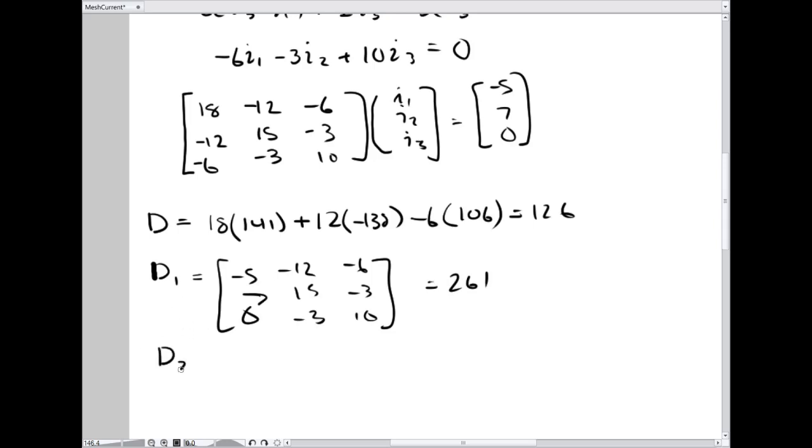And then I'll do D2 and D3. Okay, so D2 I believe is 318. And D3 is 252.